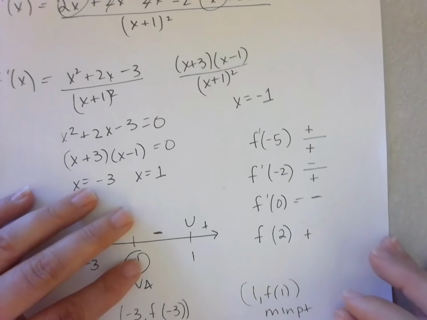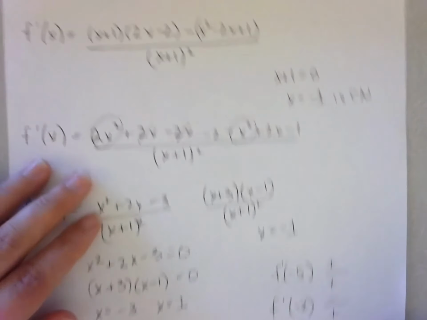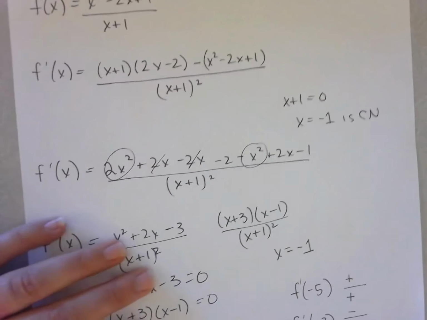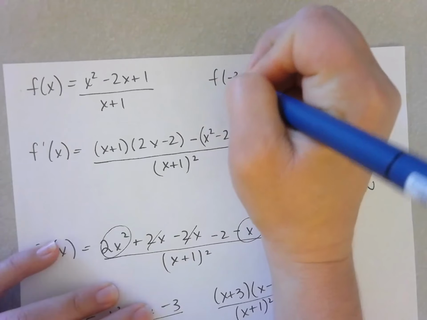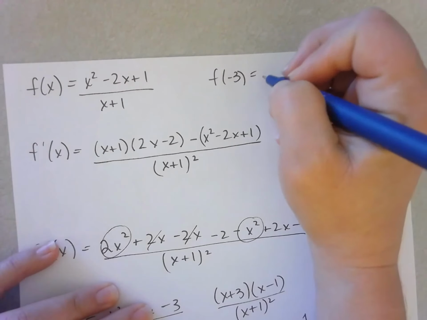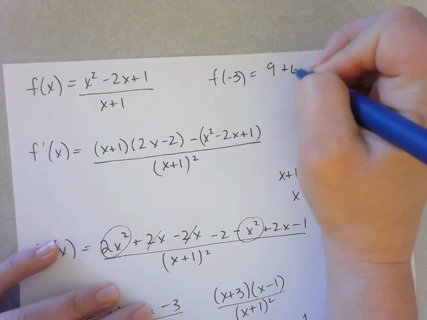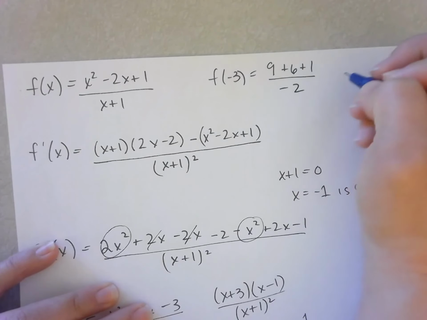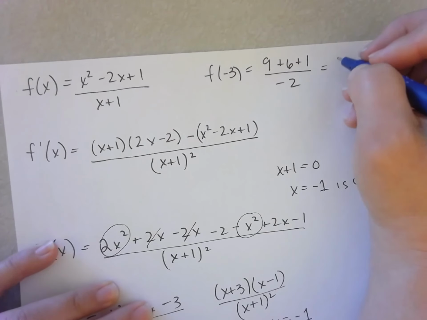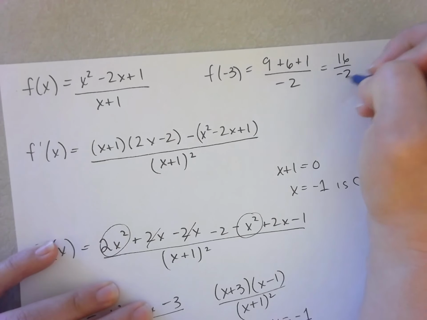And then the last thing I need to do is pop these values back into my original. So let's come back up here to our original. f of -3 will be 9 plus 6 plus 1 over -2. This gives me 16 over -2, which is -8.